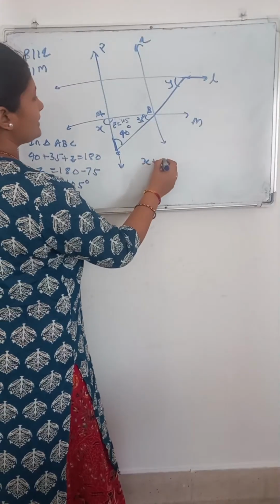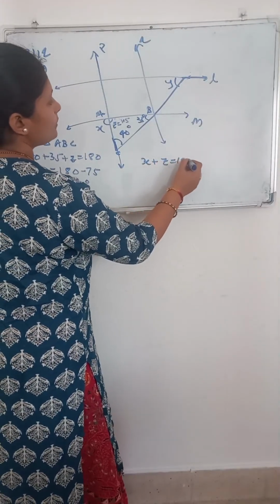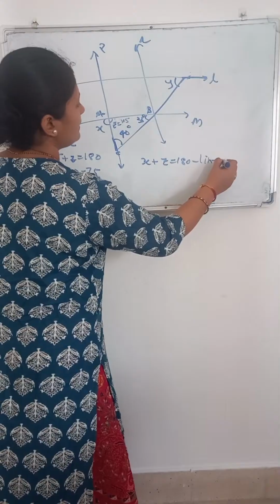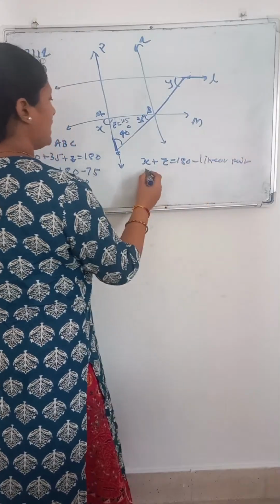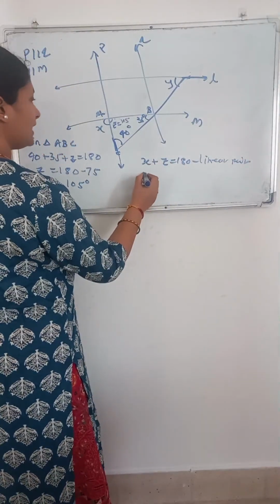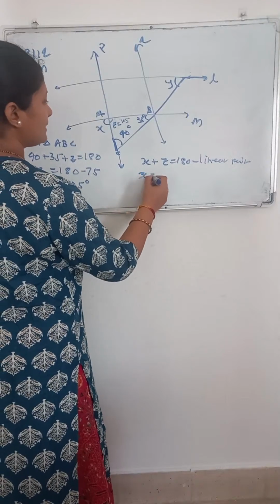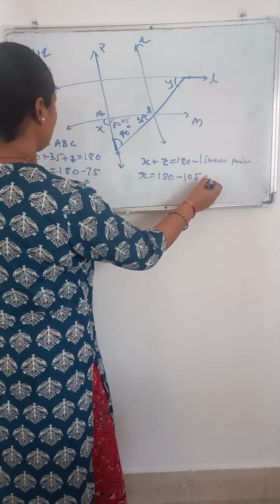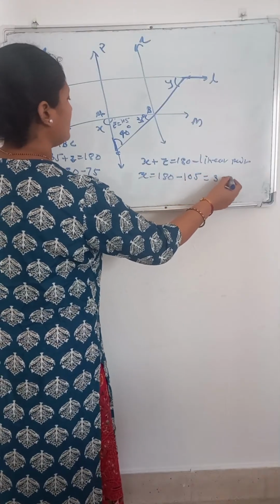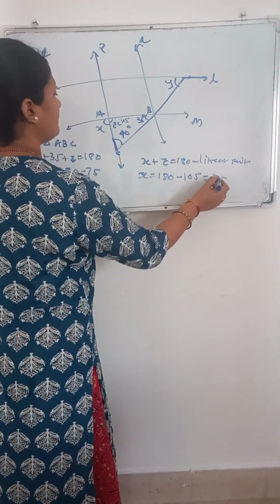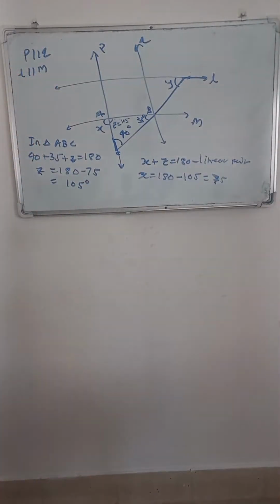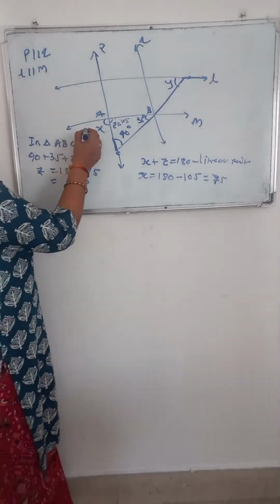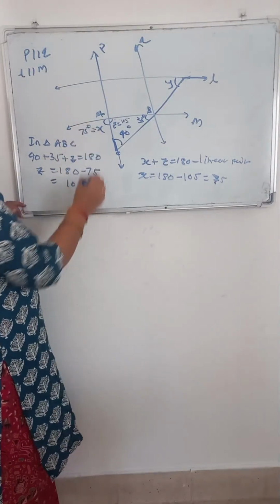So x plus z is equal to 180, reason: linear pair. Just now I got 105, so I will get 180 minus 105, that is 75. So x is equal to 75.